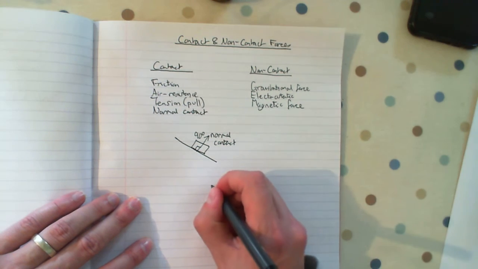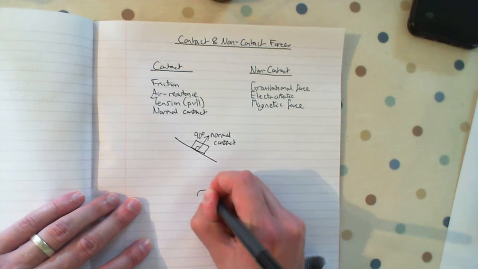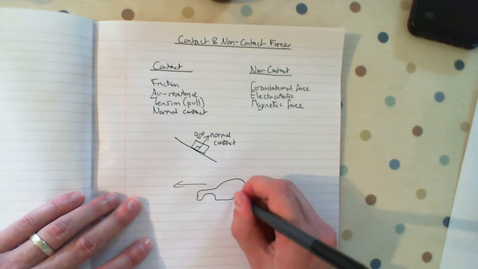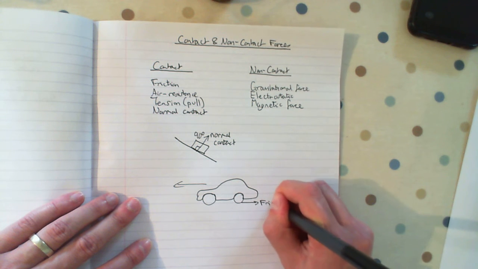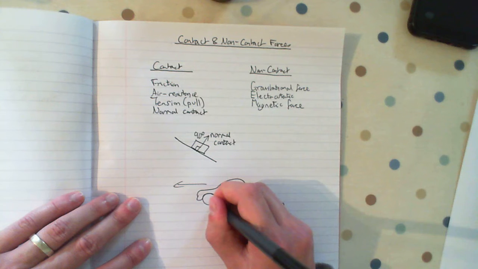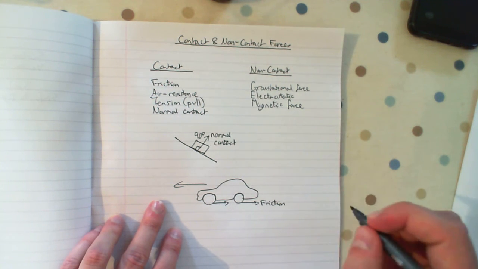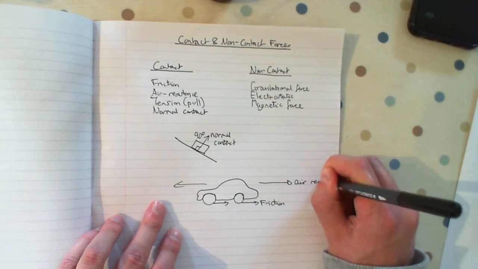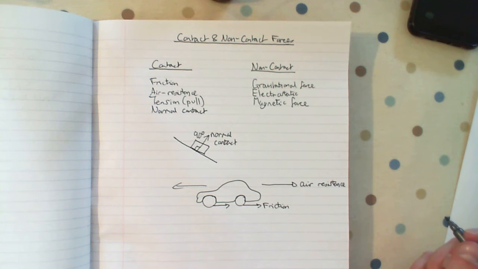So for example, if I was to have a car that's moving along the road, the reason why it's moving along the road is because we've got friction, we also get air resistance that will slow the car down.